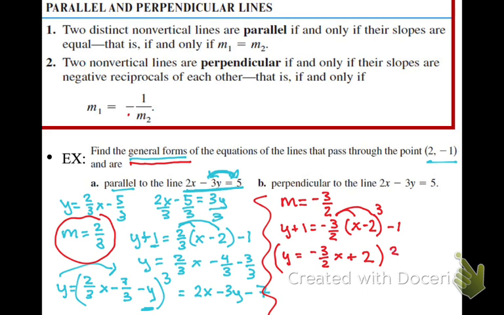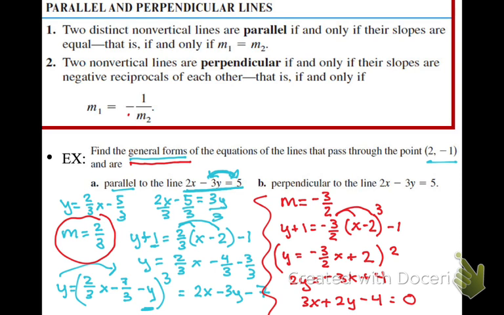So you guys do all that, and I'll do it in steps so some people can see it. So you should get 3x plus 2y minus 4.